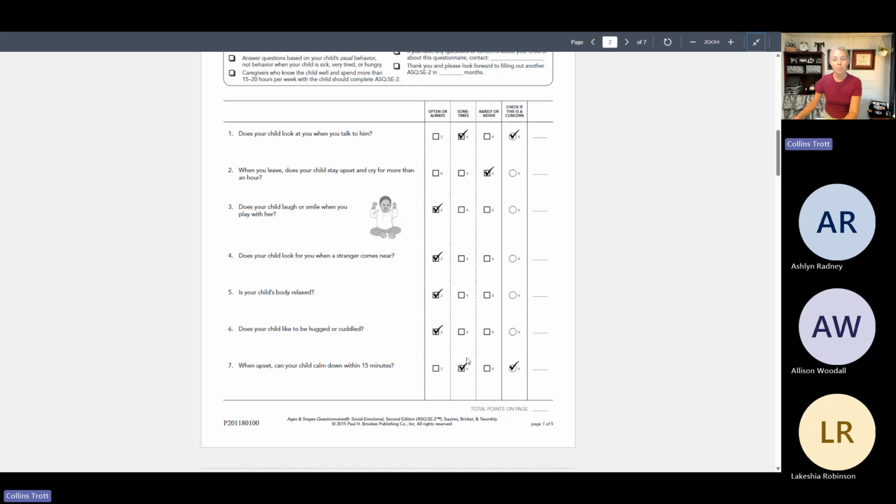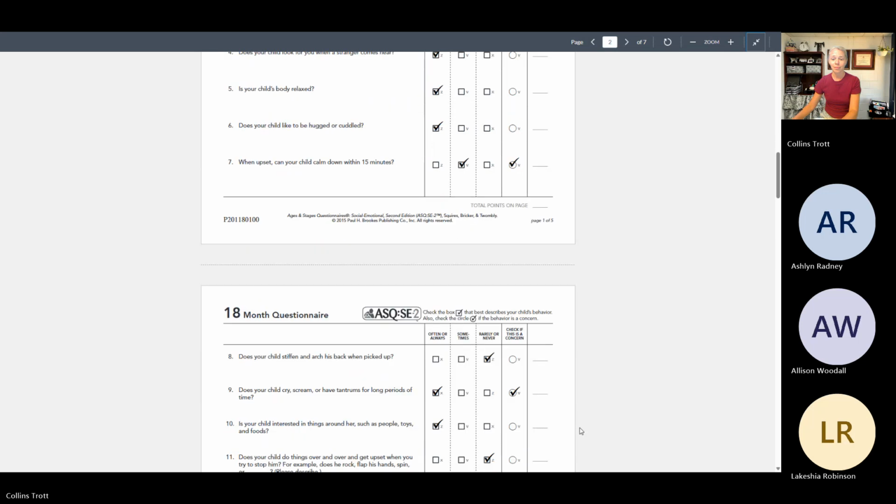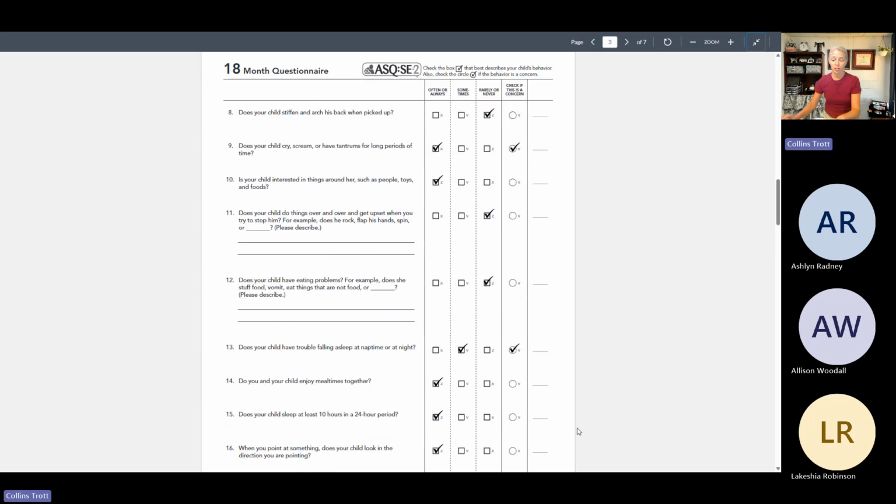And 7, V is 5. And so 5 plus 5 is 10, which means my total points on this page are 20. Let's go to the next page.